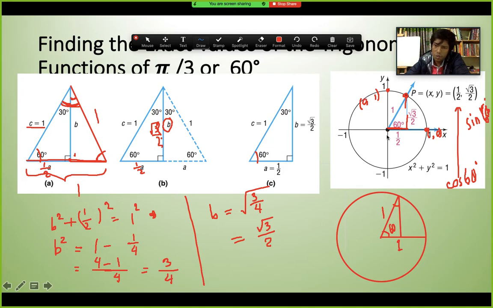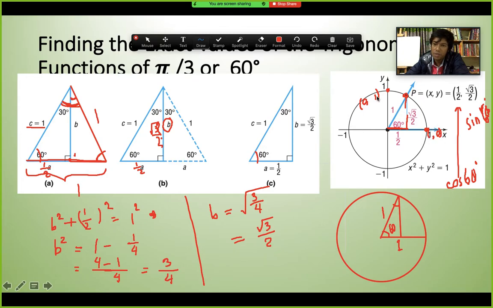This point is 90 degree. It means that cos 90 degree equals 0 and sine 90 degree equals 1. Sine 0 degree is 0, and cosine 0 degree is 1.